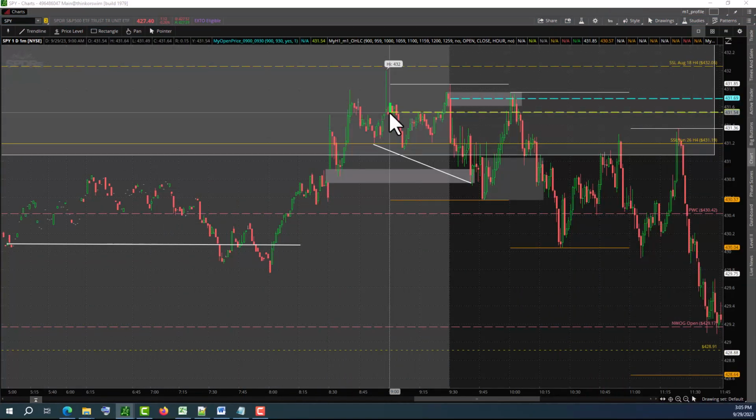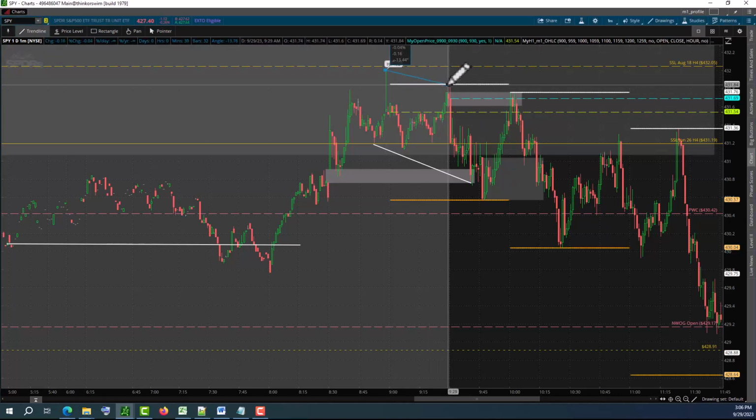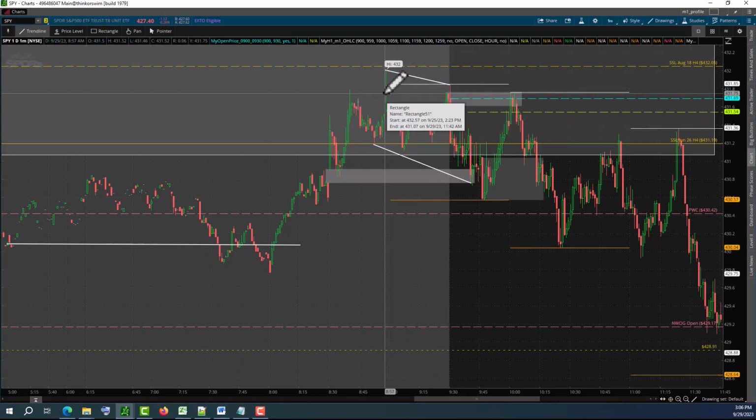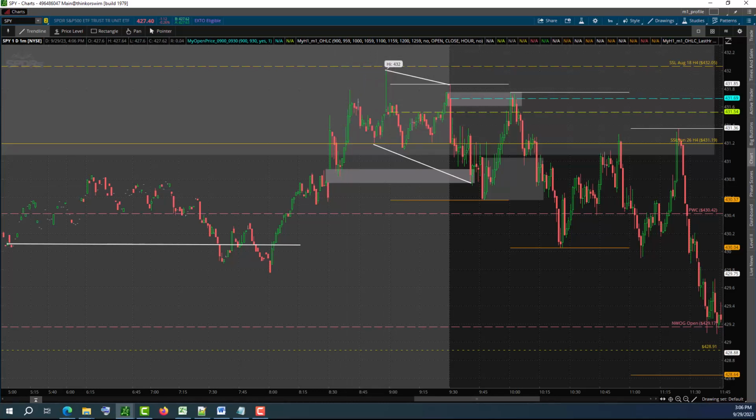Right here, it starts at 9 o'clock. Then it makes another high, but this is a lower high right there. Remember, this high belongs to... let me do it this way so it's easy to follow.